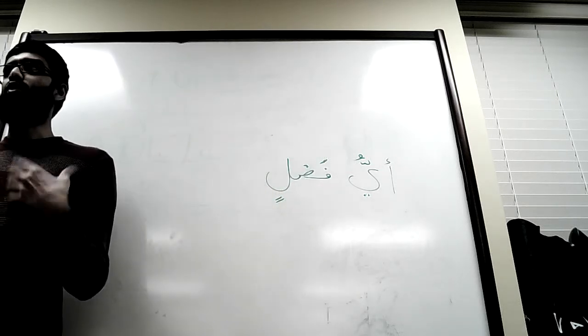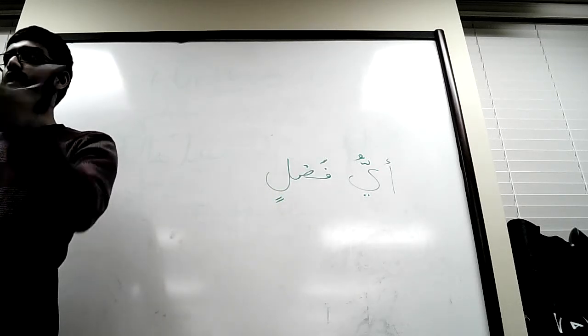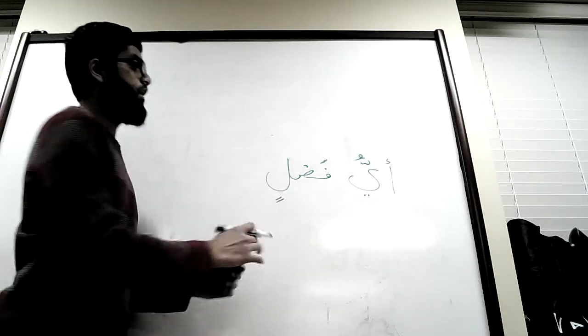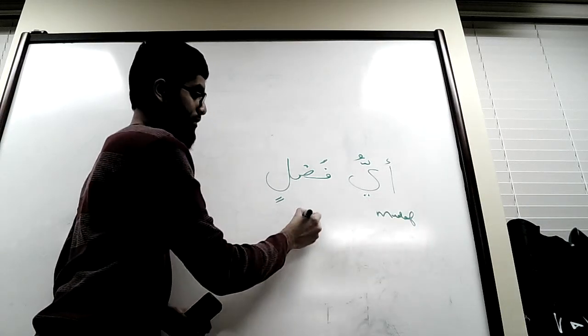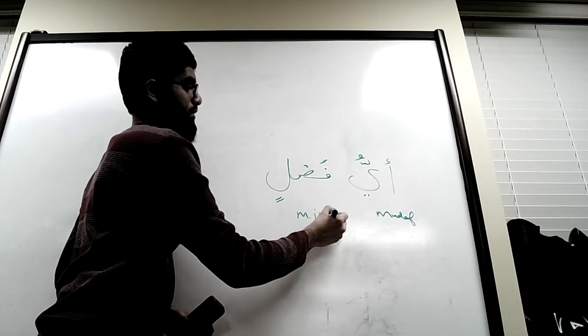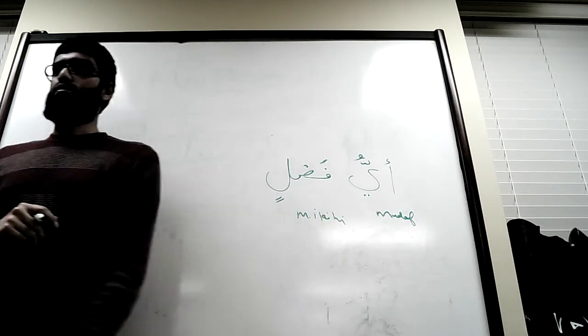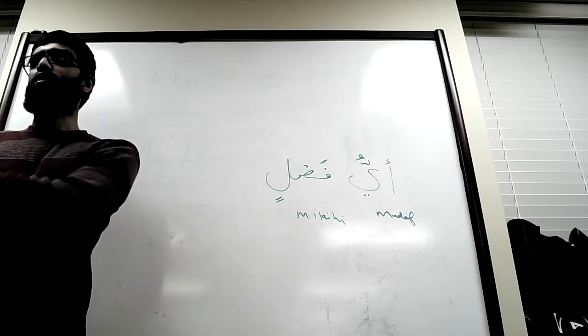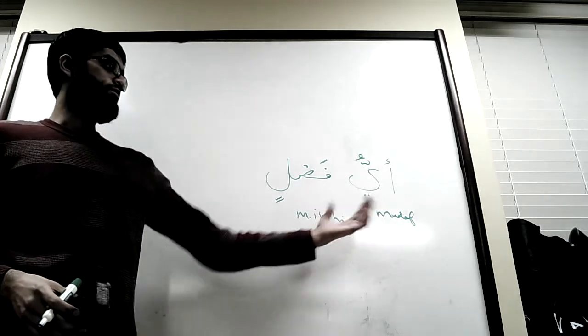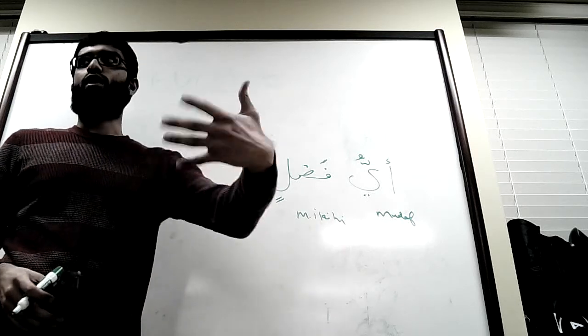It literally means "which of the classrooms," any classroom. So ayu is your mudaf, and your mudaf ilayhi is faslin. When translating, you just say "which classroom." You can't say "which of the classrooms."